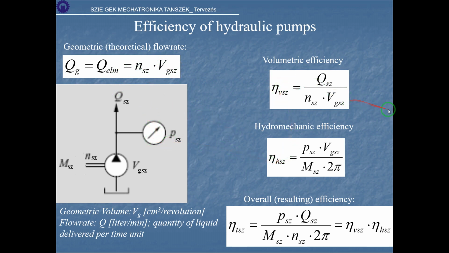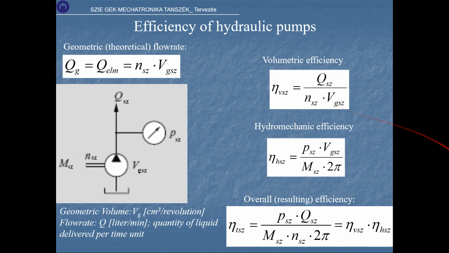But we know that we are not living in an ideal world, and we are not calculating only the theoretical things, but we want to calculate the actual things. So therefore we can use some mathematical magic to calculate the volumetric and hydromechanical efficiency and the overall efficiency as well.